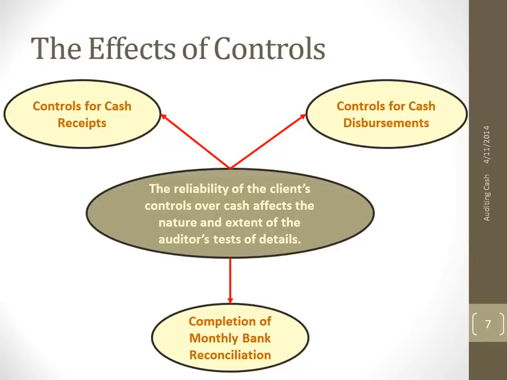And in the disbursement cycle, we're looking at controls over cash disbursements. So what you're really interested in is the impact of those controls, like how effective are those controls? Because as we talked about, that's going to affect the nature, the timing, and the extent of work that you do in auditing cash.